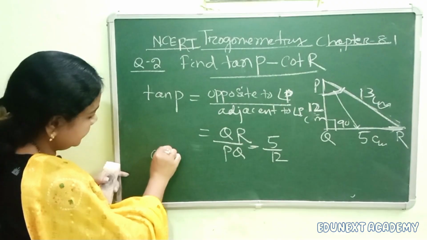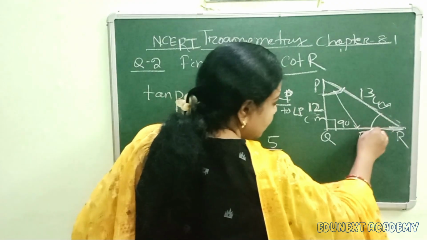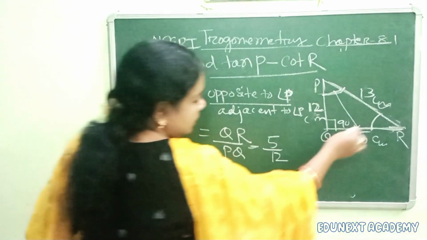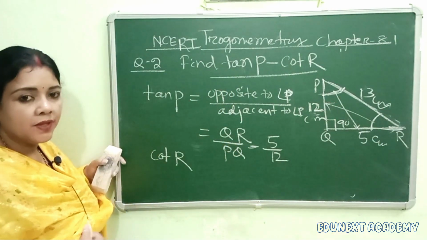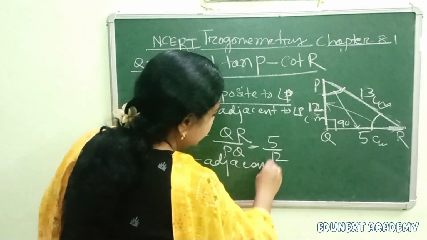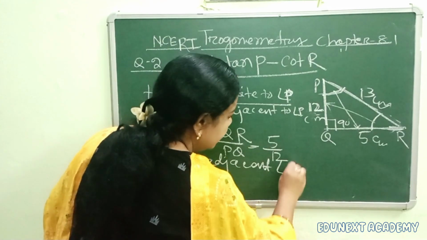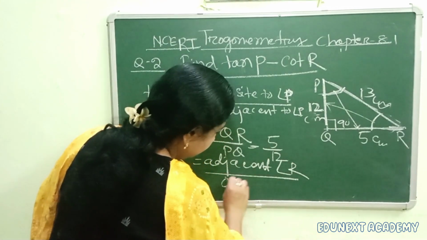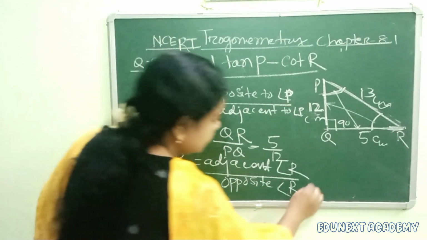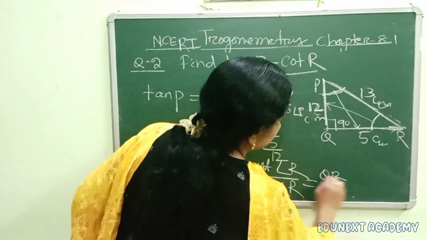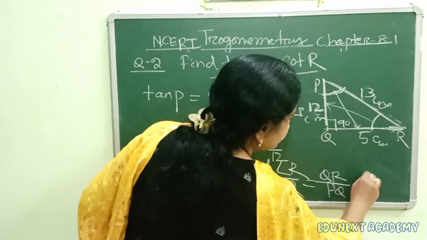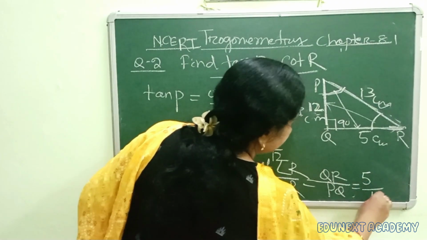Similarly, cot R means you need to remember this angle R, and see what is adjacent to R and opposite to R. Here adjacent is QR divided by PQ. That is QR is 5 by 12.